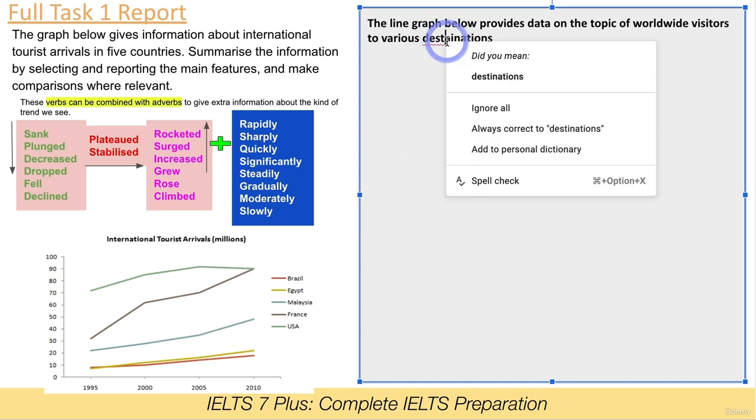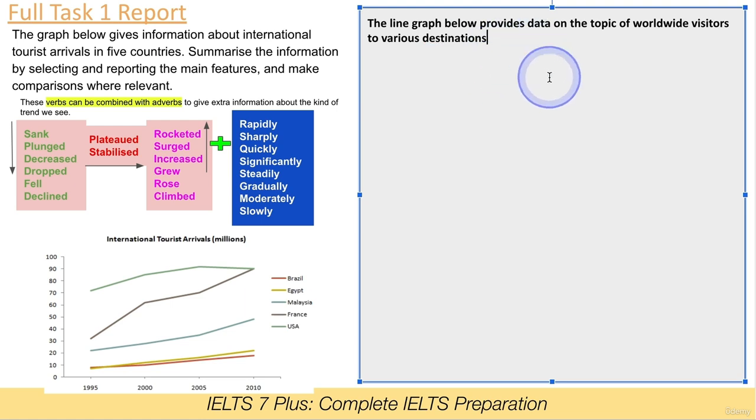Oh, and a good point here. Spelling, very important for the top band scores. So, various destinations. And then we can refer to the graph here. So we could say perhaps over 15 years. There we go. Okay, let's read back.